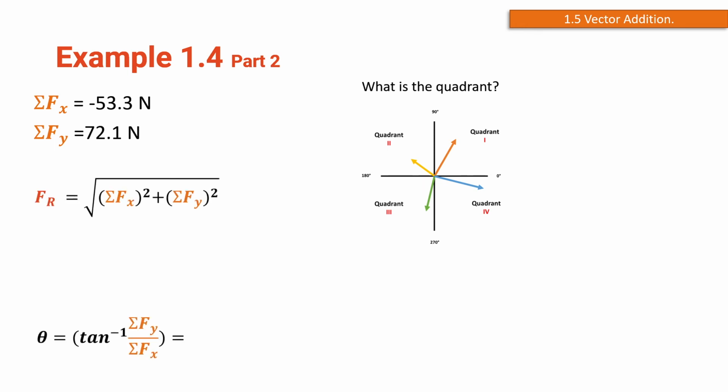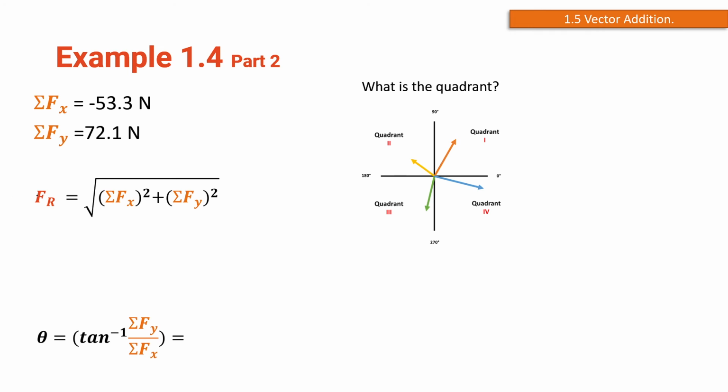Additionally, here are the formulas, and the quadrant: if it's negative on the x-axis and positive on the y-axis, it should be in the second quadrant. So let's see if we have a vector there.